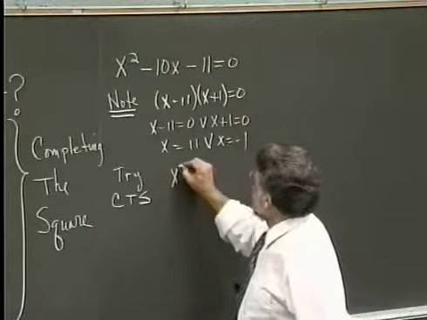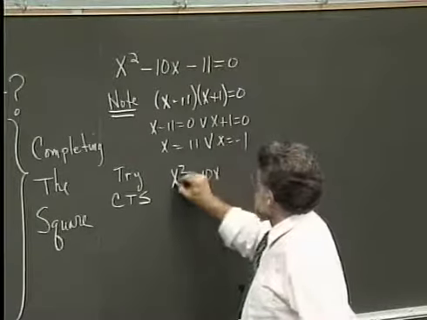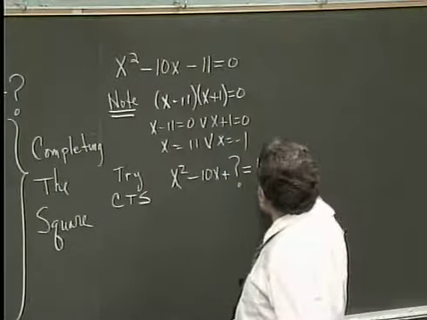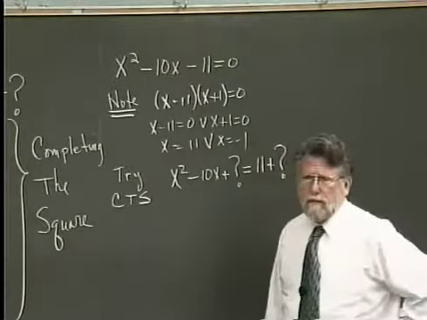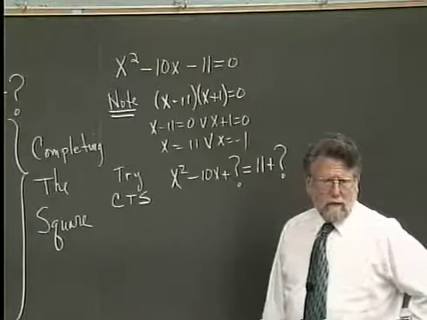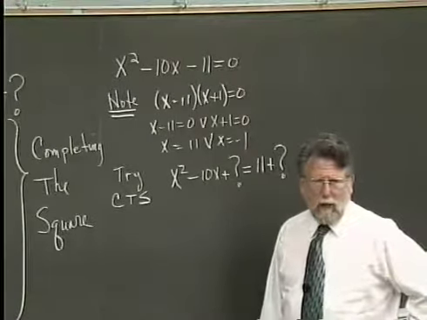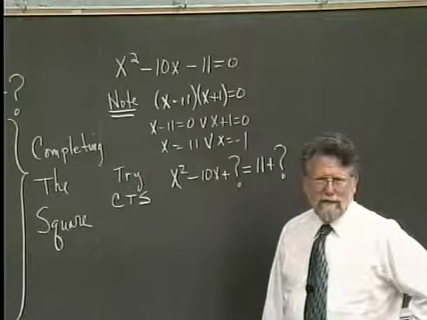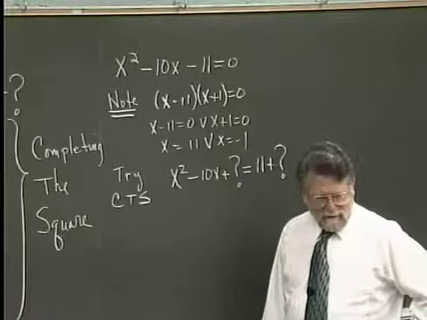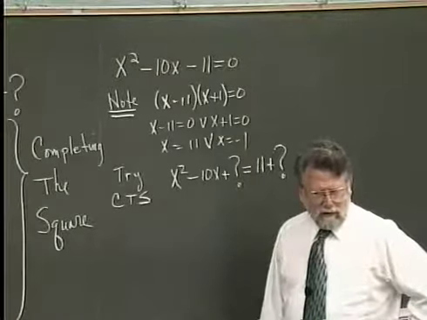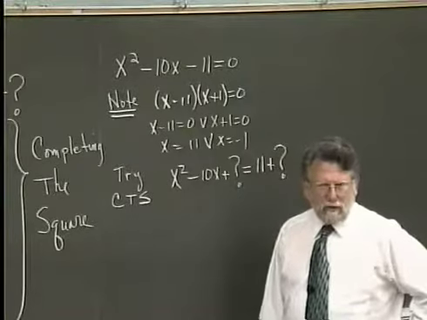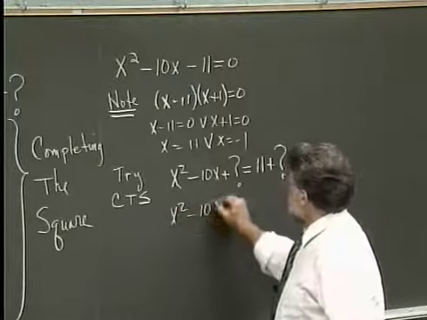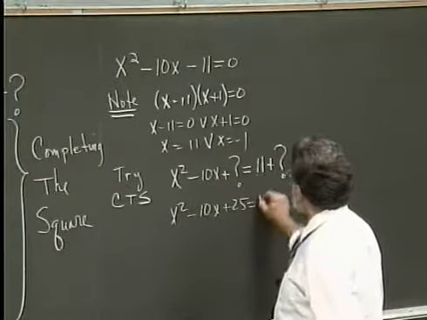Okay, x squared minus 10x plus a question mark equals 11 plus a question mark. What do I need for the question mark? Half of 10 is 5, and then you're supposed to square that. So 25. So I'm going to say x squared minus 10x plus 25 equals 11 plus 25.